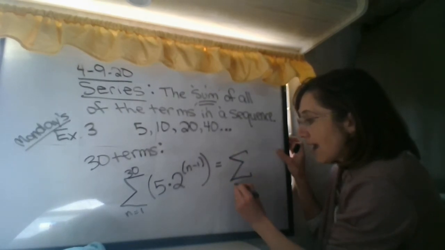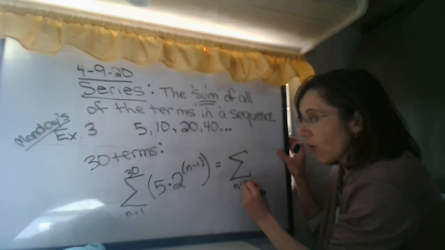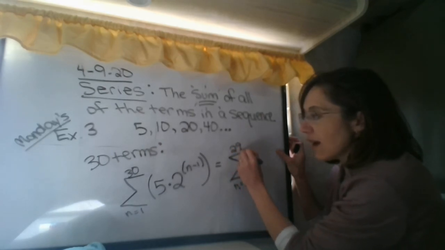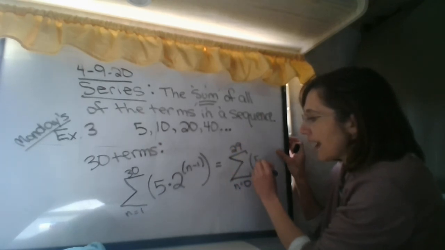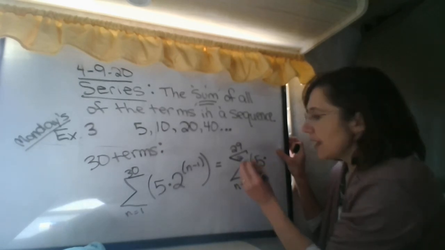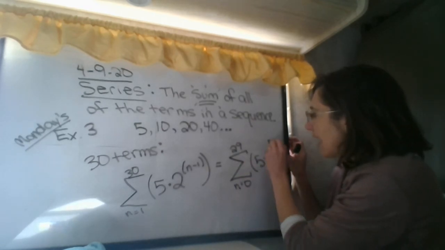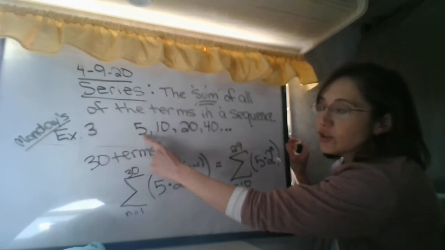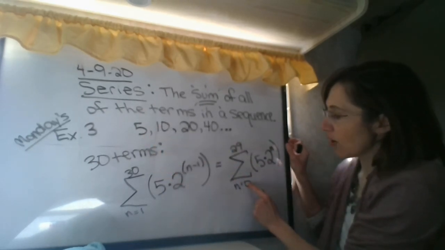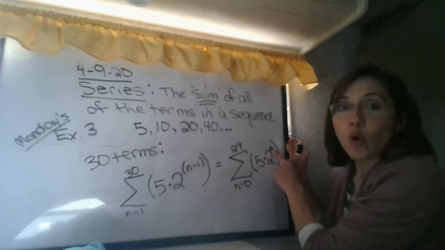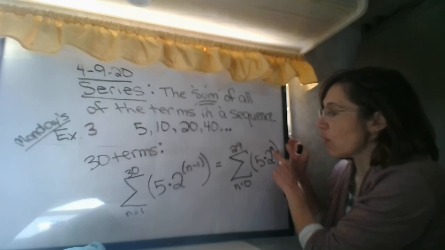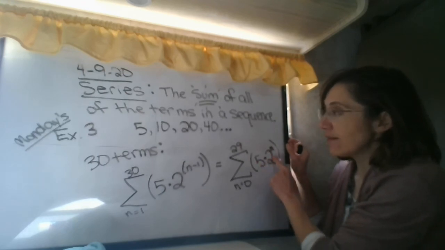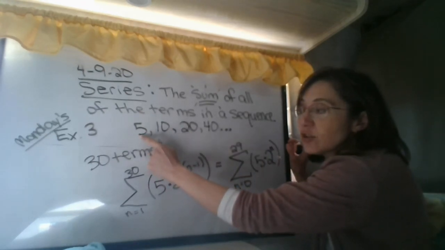The other way to write this in sigma notation is I could start at 0, but then I'd have to stop at 29. So if I do that, it would be 2 to the n power. So let me show you that it will still give me the right first term. If I plug a 0 in for my n value, what is 2 to the 0 power? Well, anything to the 0 power equals 1. So this becomes 1. 5 times 1 is 5, and that's my first term.